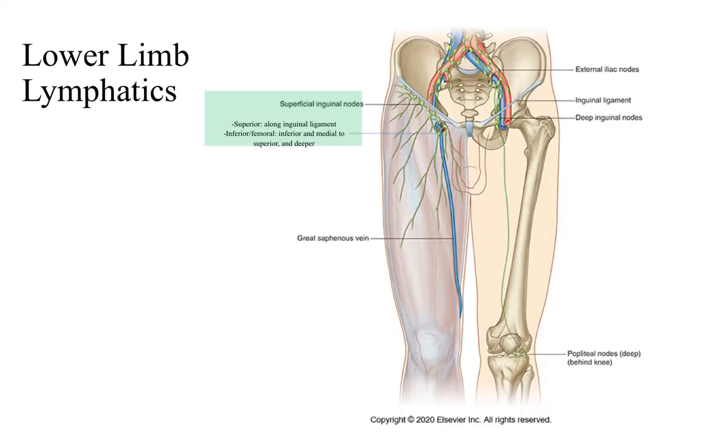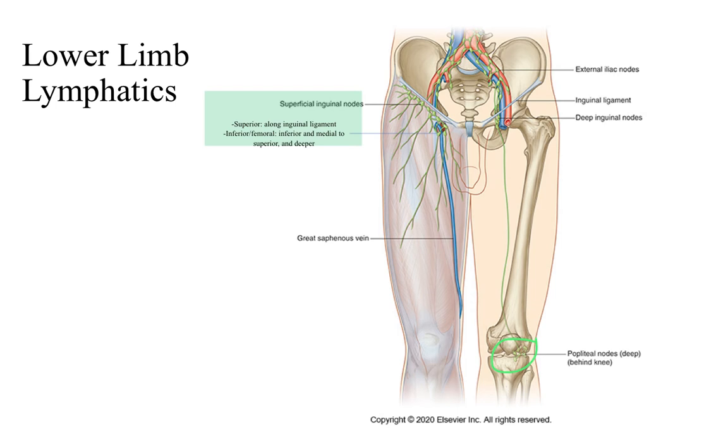All right, as far as lower limb lymphatics, they are going to follow along circulatory paths and going to have lymph nodes in key places where you will have generally potential sites of penetration for microorganisms.